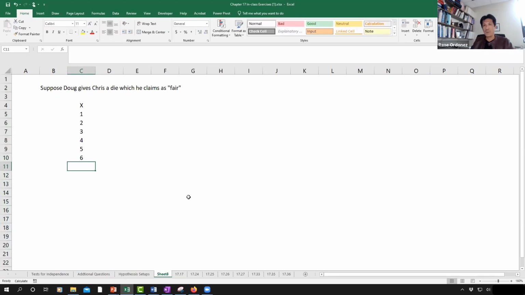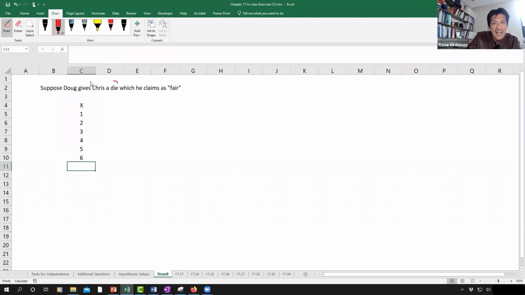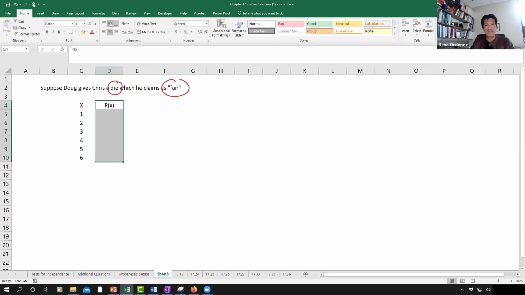So when Doug says that this particular die is fair, what does that mean in terms of the probability of observing each of these outcomes?